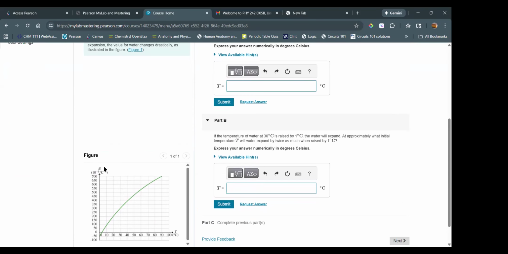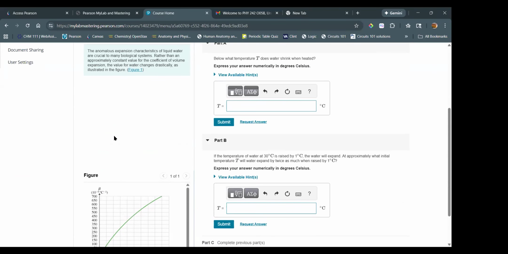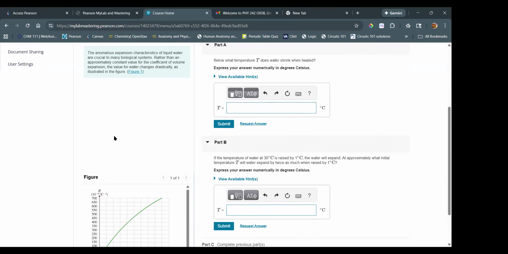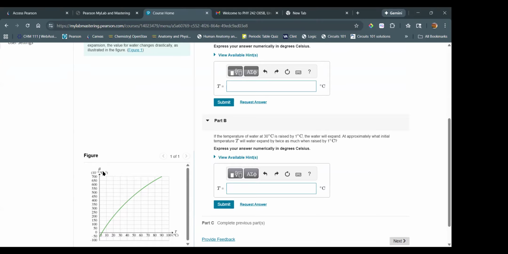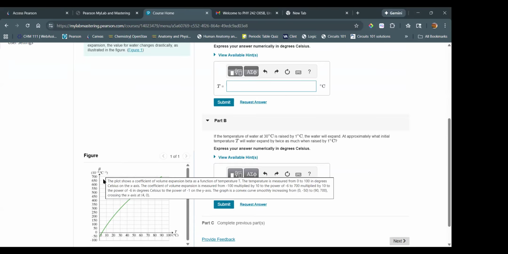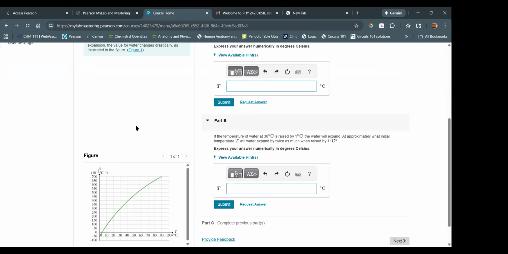So I can see the letter B, and I think it is density, but I'm not completely... Oh no, that's the thermal coefficient of expansion. Oh, okay. So if it's negative, that would tend to mean that an increase in temperature would actually cause it to contract as opposed to expand. Okay. So that makes sense.